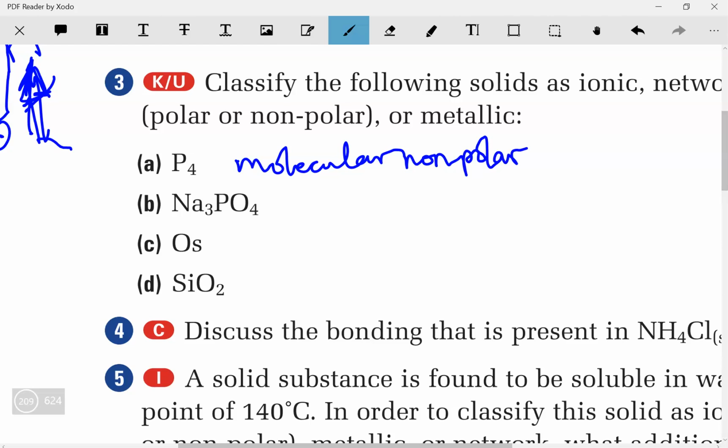I'm just going to double check that actually. Type of bonding in P4. Looks like it is. Yeah, it is molecular nonpolar.